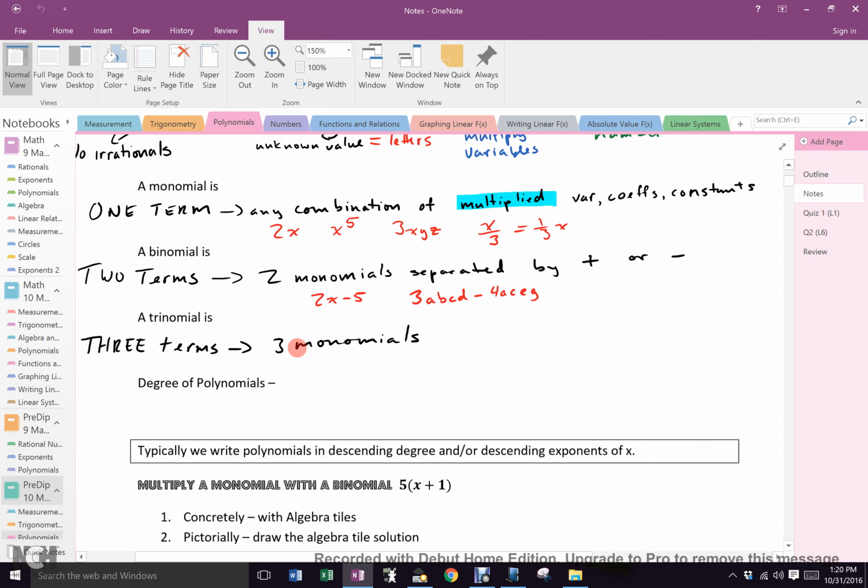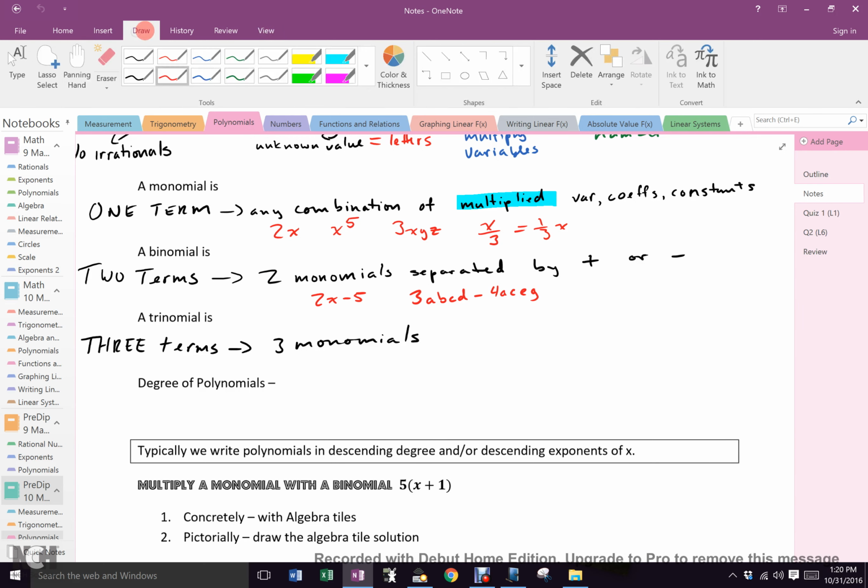And the degree of a polynomial is simply the largest sum of exponents of variables in any one term. So, x plus 7.